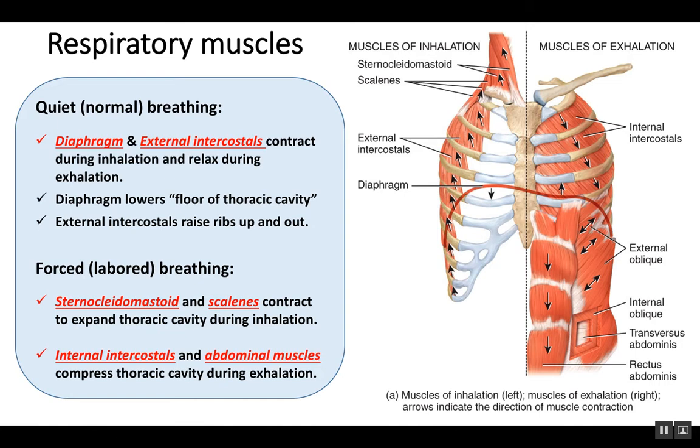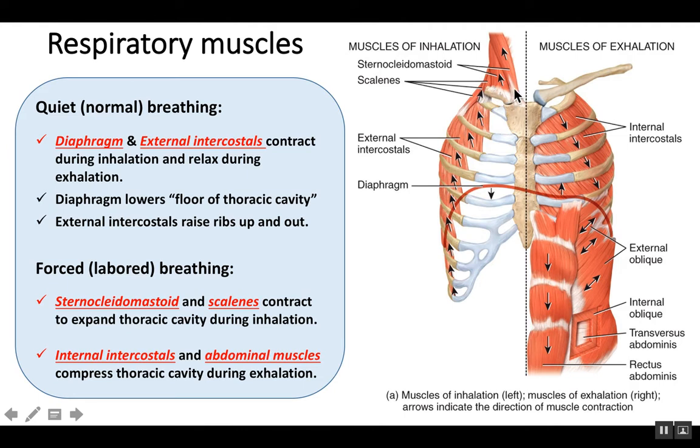Okay, so now you are breathing heavily, or forced breathing. During inhalation, you still use your diaphragm and external intercostals. They will still contract, but we have an additional set of muscles that will also contract. The sternocleidomastoid will lift up or elevate the clavicle as well as your sternum.